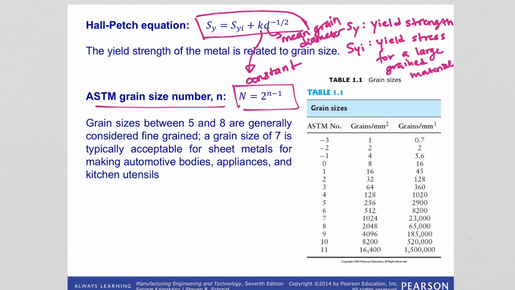Usually the microscopic image is taken at 100x, and then you work on that image, you select an area, basically per square inch. You select that area, count the number of grains, and put it in this formula, and this will give you the ASTM grain size number, which is used to characterize the material during manufacturing.